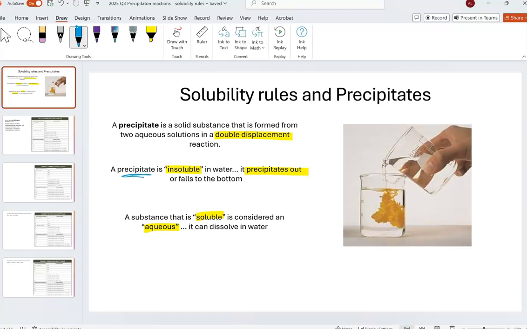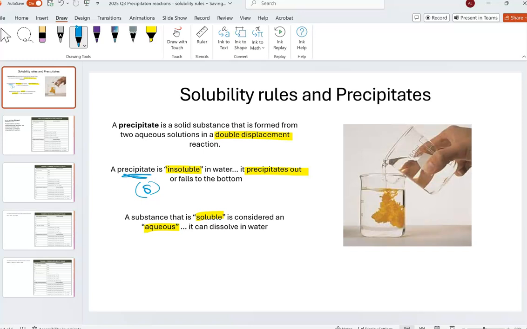All precipitates are insoluble. If something precipitates out, it means it is insoluble and it is going to fall out of the liquid and make a solid. Precipitates in chemical reactions are represented with the letter S in parentheses.